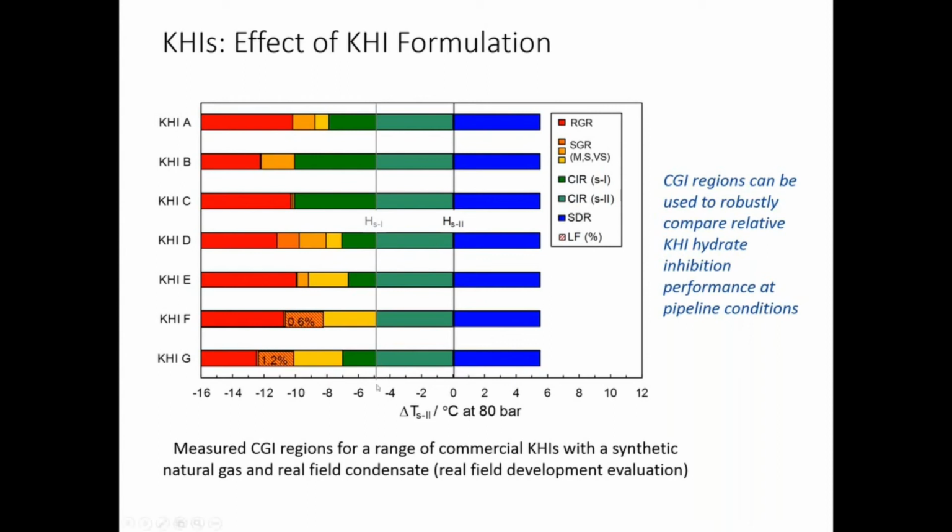For example, if we are 6 degrees inside the hydrate phase boundary, like here, we can use all inhibitors except F. If we are, for example, 8 degrees inside the hydrate phase boundary, we can use C and B.